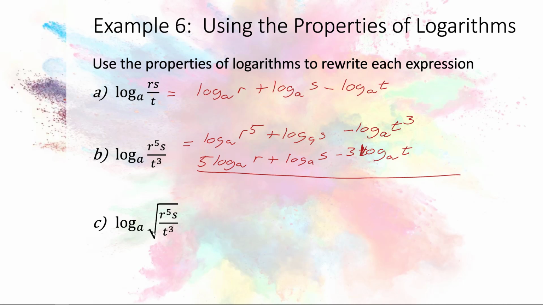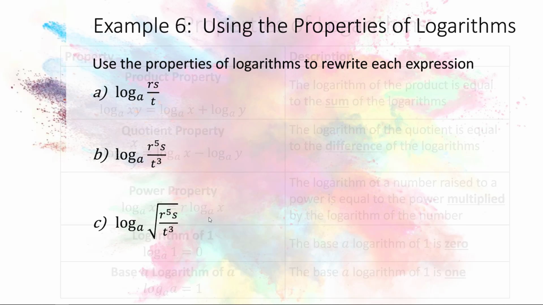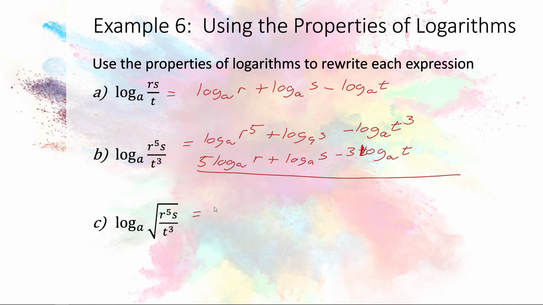Now this one, we already have a 1/2 here. So I would rewrite this once again using the power rule, because this is really nothing more than this expression raised to the 1/2. So that would be 1/2 times the log base a of r to the fifth times s divided by t cubed, which we've actually computed right here.